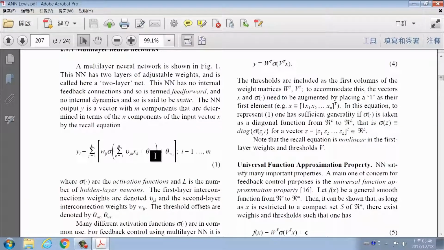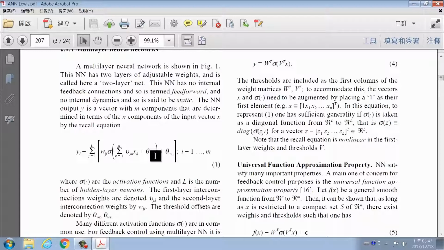And equation 1 is the same as equation 4, except here it's one element of that y column. Okay, so why are they equal? You can consider in equation 4, v is the weighting.